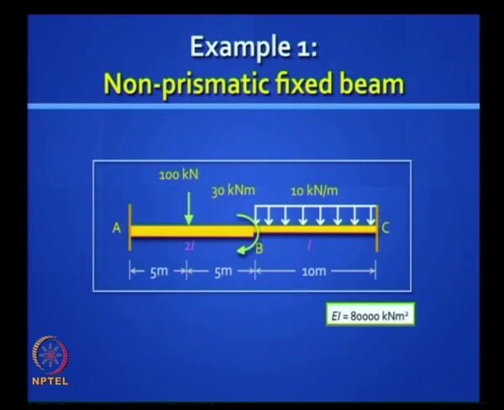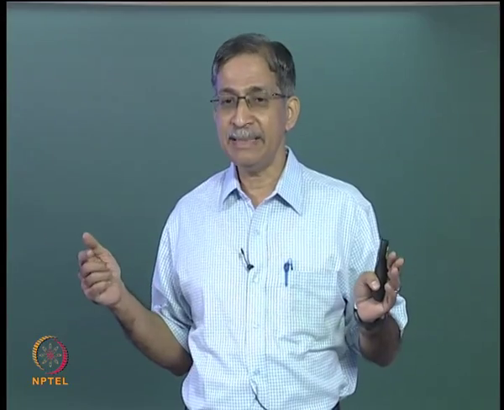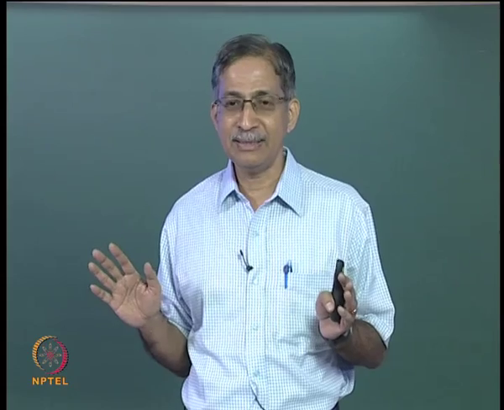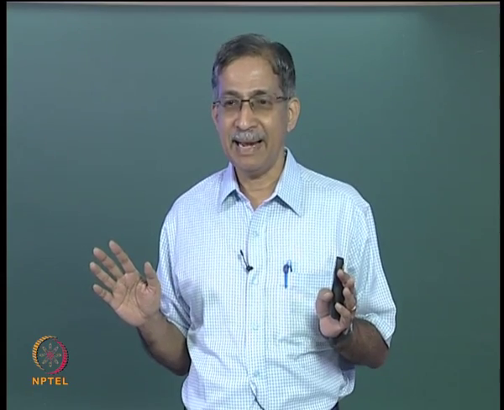Let us take the same example which we did earlier by the stiffness method. You have a non-prismatic fixed beam. What is the degree of indeterminacy? Well, strictly 3 if you include the axial force, but we are really not interested in the axial force.